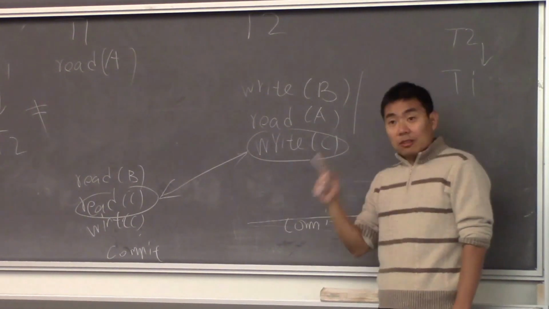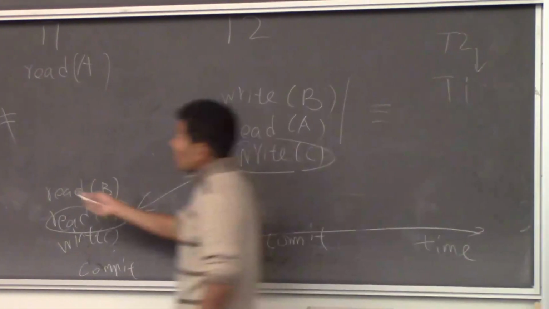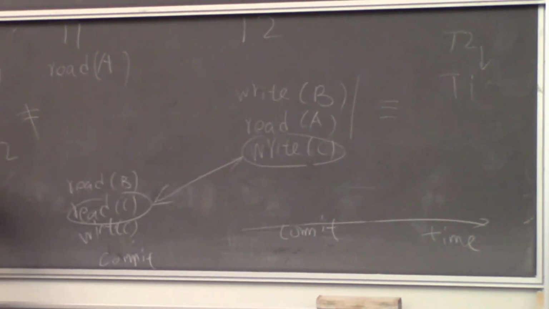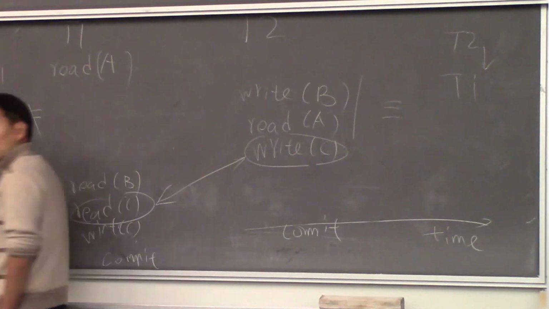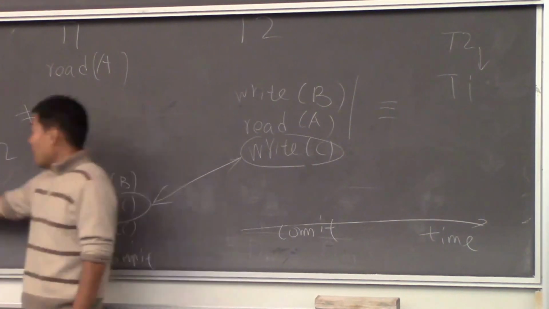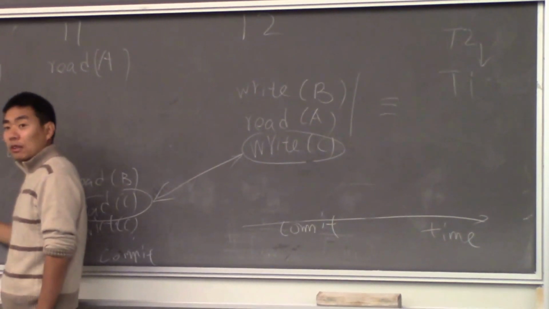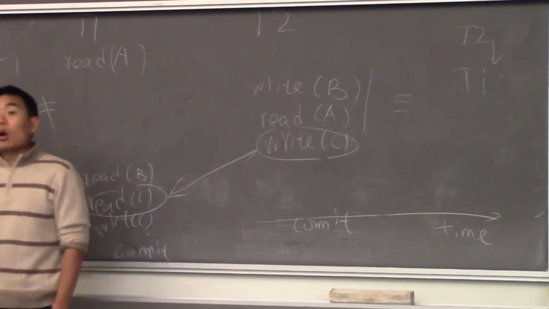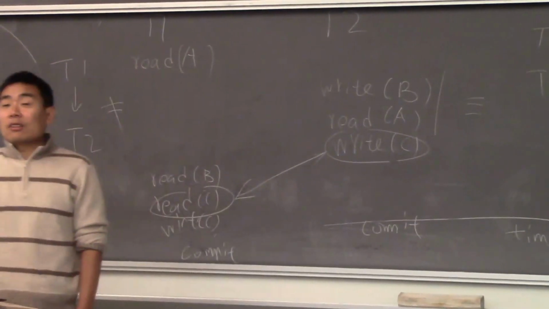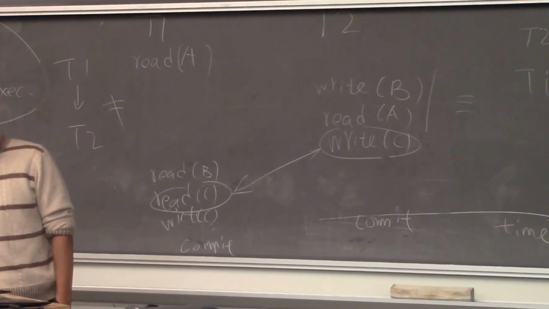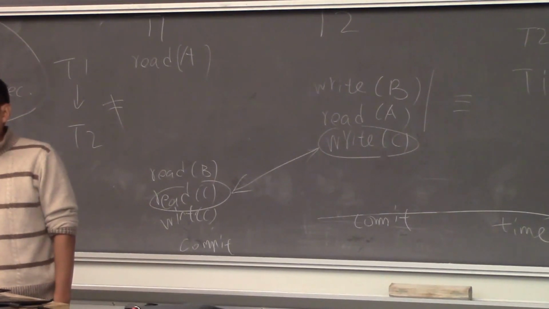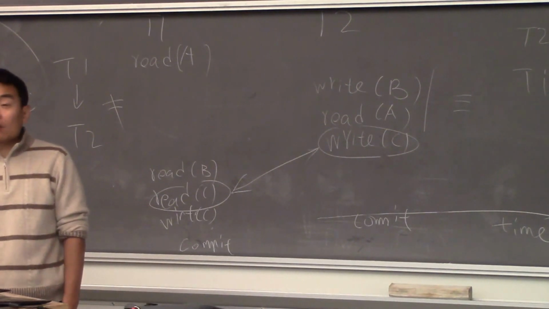In an online system, or in an OLTP system, online transaction processing system, you don't know whether a transaction will commit in the end or not. You don't know that. Either the transaction may abort by the user or the system may crash.